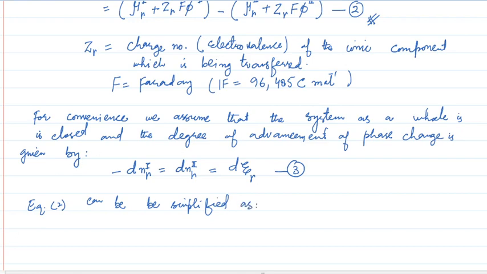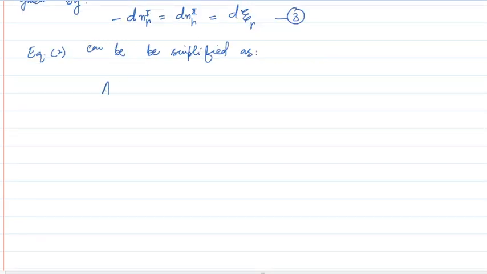We can write this electrochemical affinity as equal to, separating the chemical potentials and potentials of the two phases, mu gamma for the first phase minus mu gamma for the second phase plus the electrovalence, which is the same for both, and F, which we take outside, and we write the potential difference.